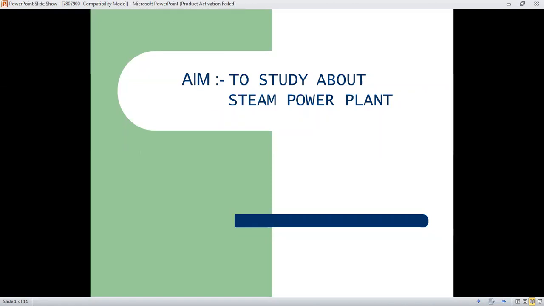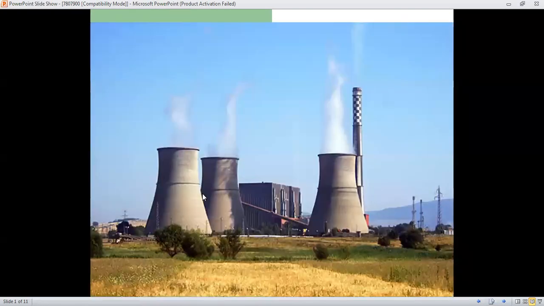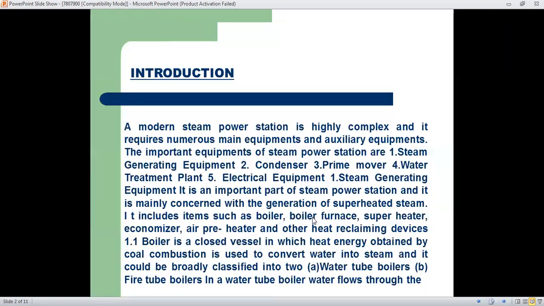We can use the steam to rotate the turbine, and on the same shaft we can connect the dynamo or electric generator, so that we can create electricity through the steam turbine. So here is a layout of a steam power plant.